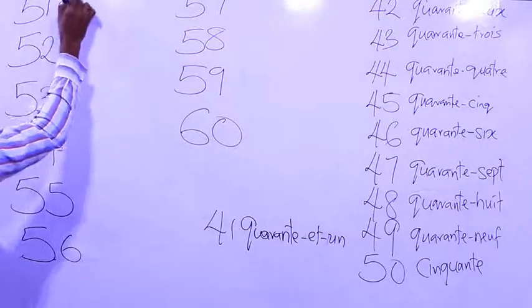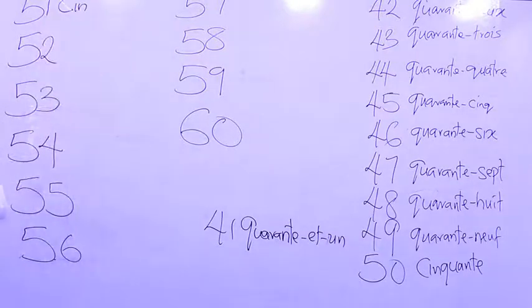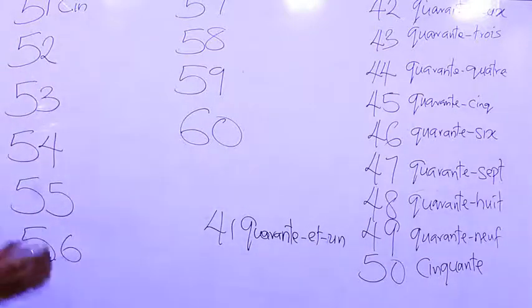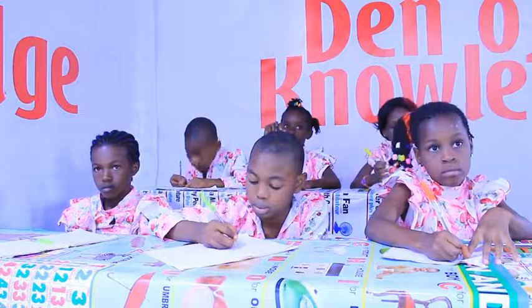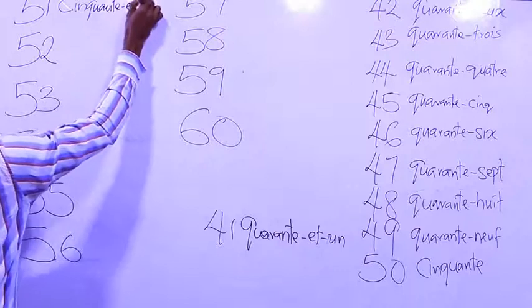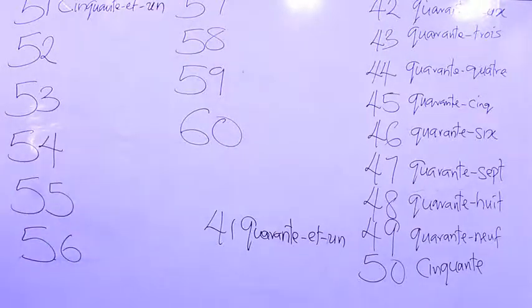Remember, whatever you're writing that involves 1, don't forget to put your et, un, that is and 1. So we have 50 et un, which is 50 and 1.